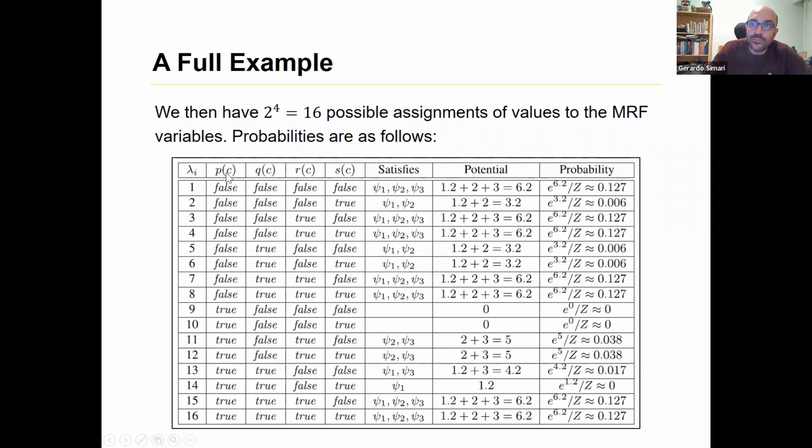Remember, the ground atoms are random variables that can each take value false or true. And then here is a column where I have to check which formulas this world, call it lambda 1, the all false world, satisfies.